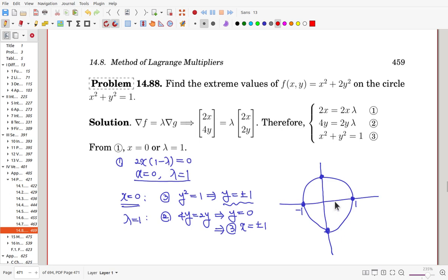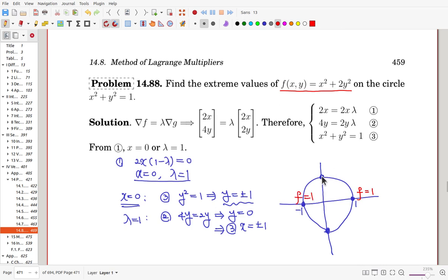Once x is 1, y equals 0 for that one, and f is defined in this way. X is 1, y equals 0, then here f must be 1. When x is minus 1, f has the same value.